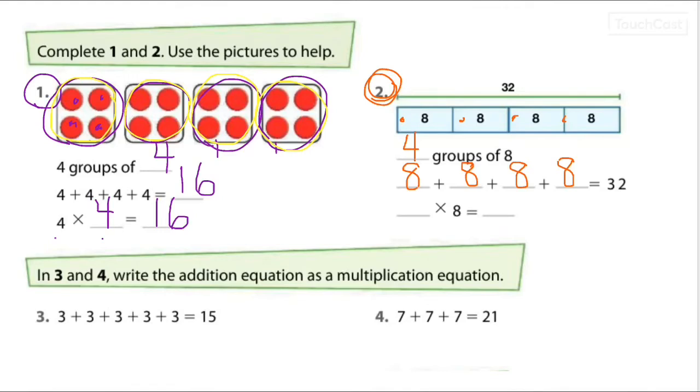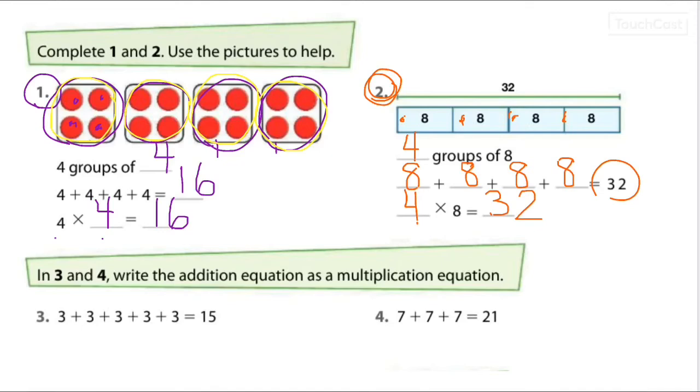So if I'm doing that as a multiplication sentence, remember multiplication means how many groups of how many? I have 4 groups, 1, 2, 3, 4, of 8, which equals, they solved that one for me, 32. So these are 2 different ways you can use to picture multiplication.